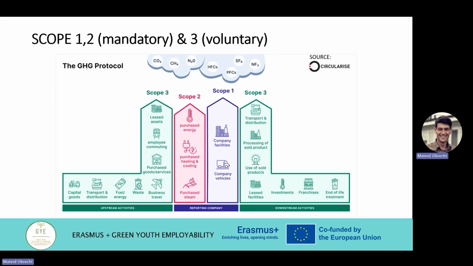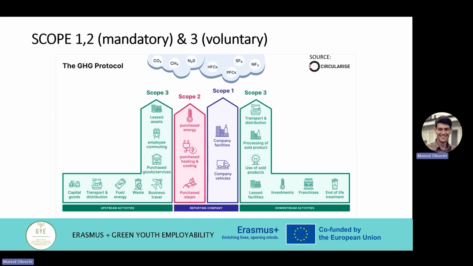Then you have scope 3. Scope 3 are indirect emissions. You can divide them into upstream or downstream activities. So this is again the transport and distribution, but in this case, for example, third-party logistics. We have a logistics provider that takes care of the distribution and will deliver our product to our final customer. That's not a part of our company carbon footprint.